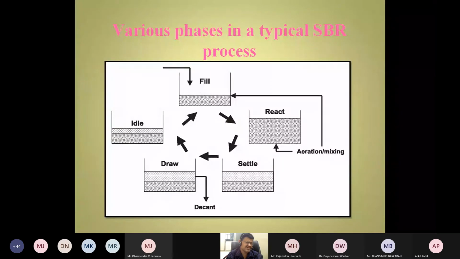Then the nitrifying bacteria will convert the ammonia NH3 to NO2 or NO3. Due to the oxidation, these nitrifying bacteria will convert the NH3, and you know the reaction is like this: NH3 plus O2, in presence of oxygen, converts to NO2 and NO3, nitrites and nitrates.